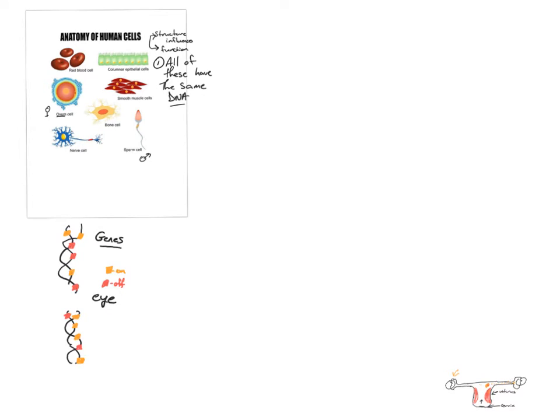All right, so something miraculous happened about 10 to 15 years ago: we found out that the gene sequence isn't the only part of the answer. There was this thing called epigenetics.